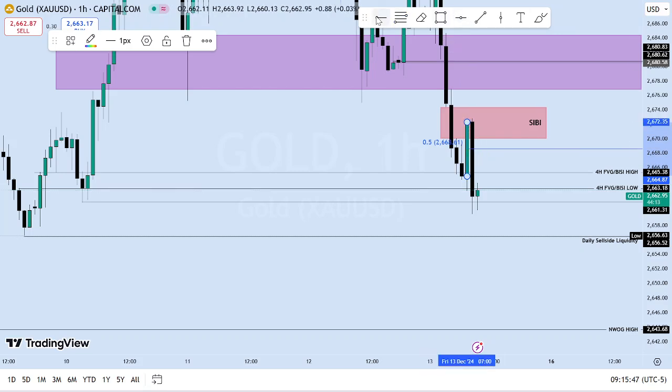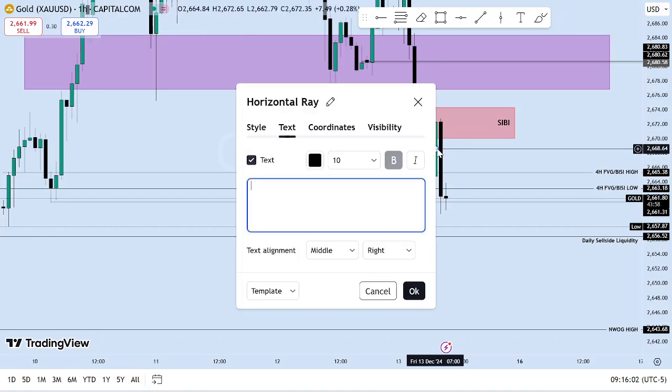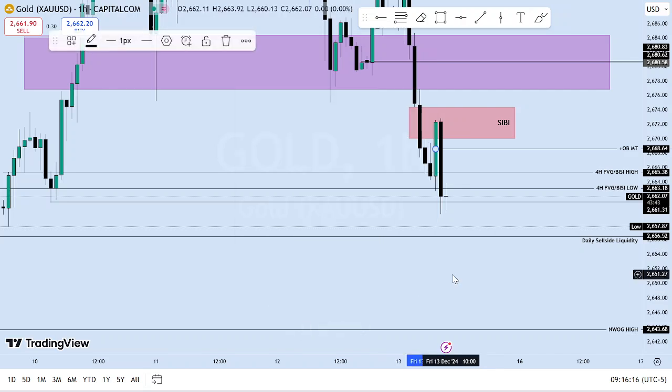That's 50% of it, the mean threshold, is that line there. This is our order block. Order block mean threshold, that's 50%.